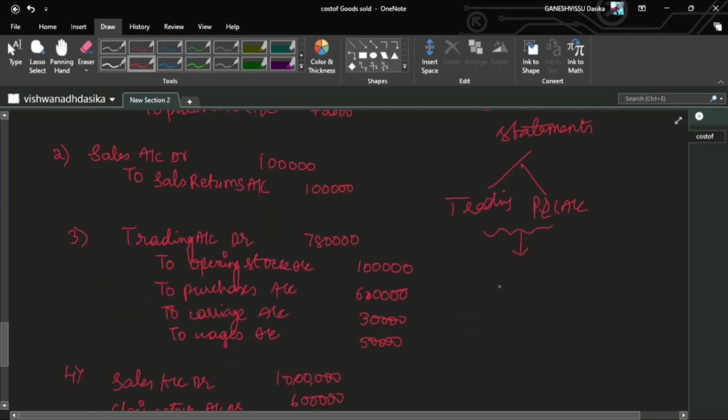We are going to pass closing entries, and for position statement we are going to pass opening entries. This is very important. We have to remember it very carefully.